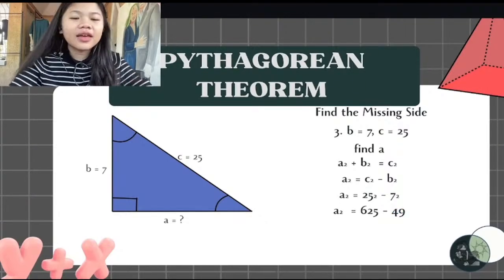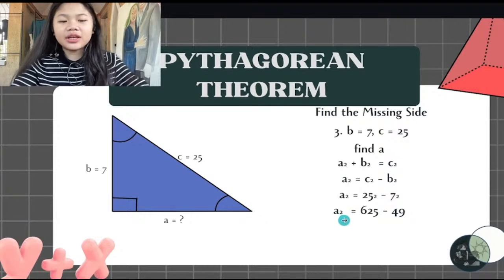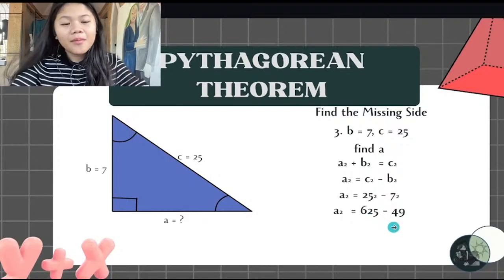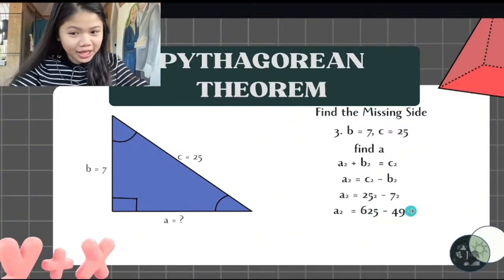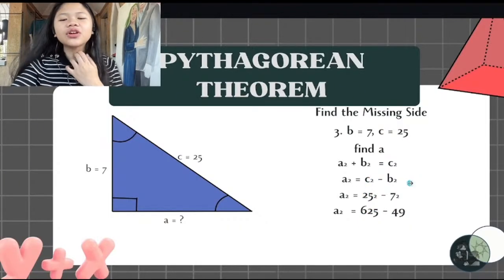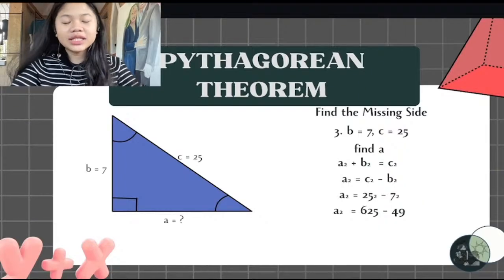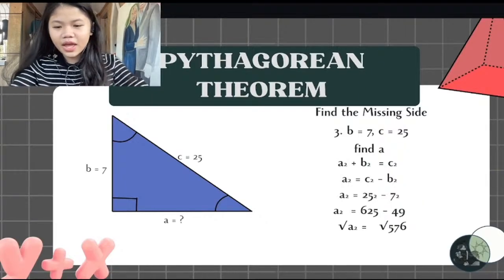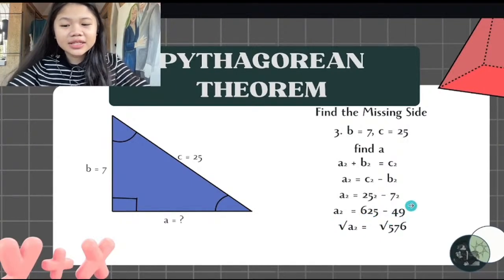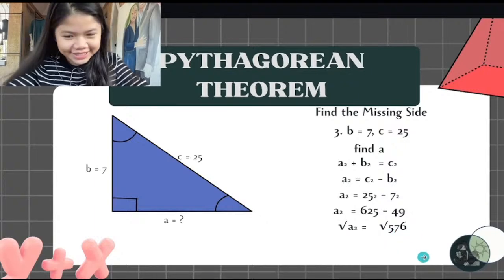So, a squared is equal to 625 minus 49. 7 squared is 49. 25 squared is 625. Okay, after substituting, we can simplify. There. a squared equals 625 minus 49, which is equal to 576.